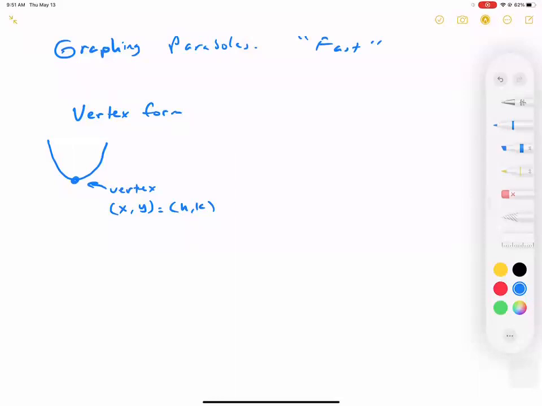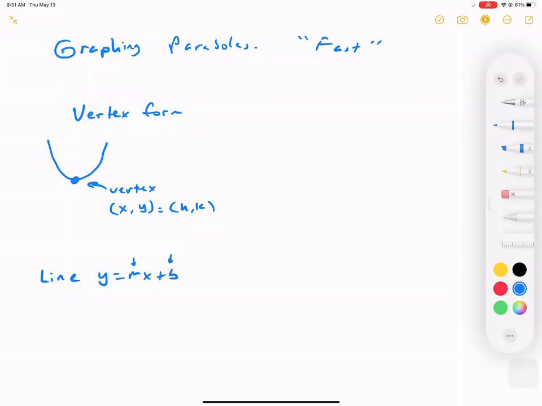Now, in algebra, we learned all these different variables mean different things. For a very basic line, let me draw this on the left bottom here, we said the equation of a line was y equals mx plus b. And as long as you knew what m and b were, you were able to draw that line in literal seconds. We didn't have to make a table. We didn't have to do anything special except know what those characteristics were.